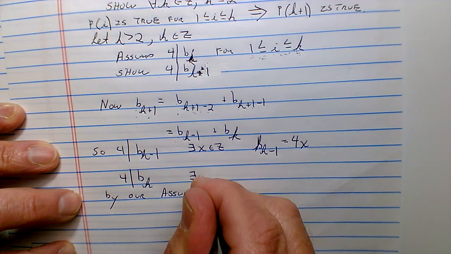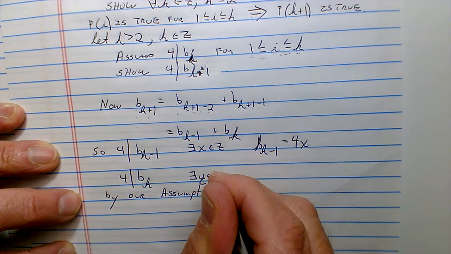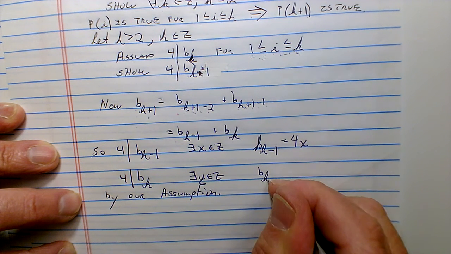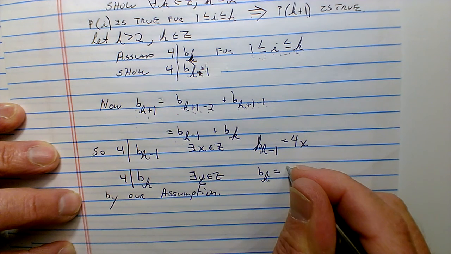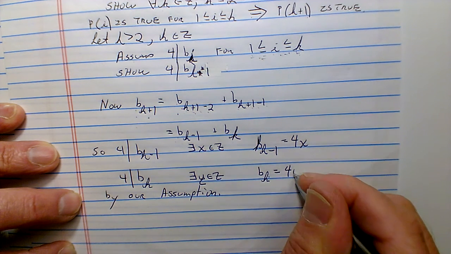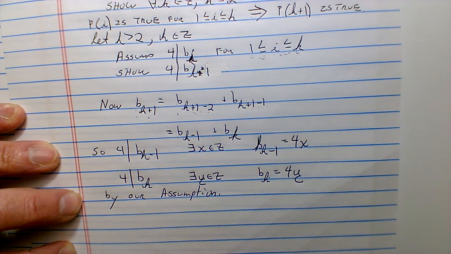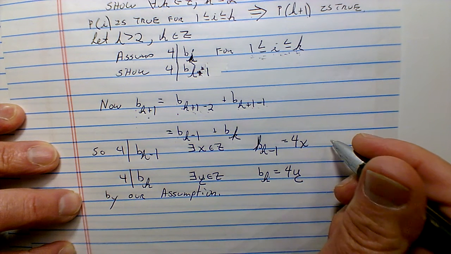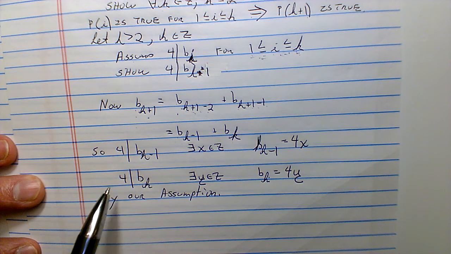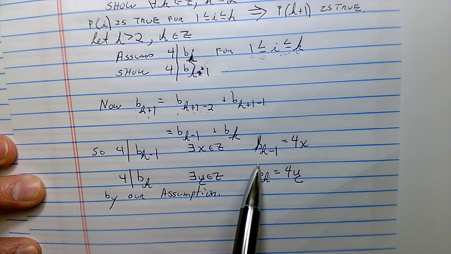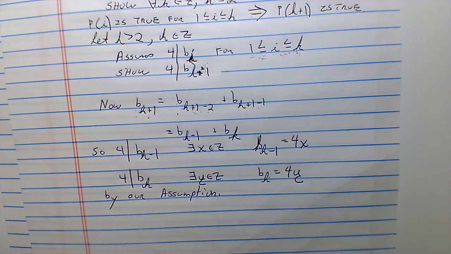And here, we have to pick a different letter that's an integer, and we know b sub k here is equal to 4 times that integer. That's done by the definition of divides that we did before. So we know this happens because of our inductive hypothesis, and this is true because of the definition of divides.